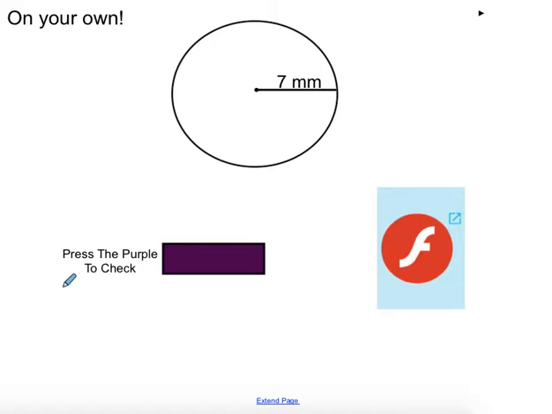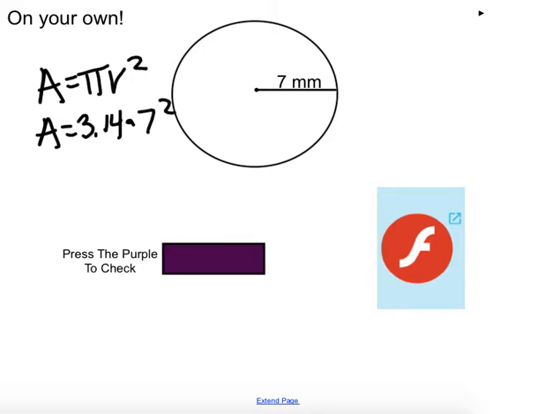How about this one? Well, we use our formula, area equals pi r squared, and so I'll do area is 3.14 times 7 squared. Now the other way I could do this, I could work it all out and see that I come out with an area of 153.86 millimeters squared.